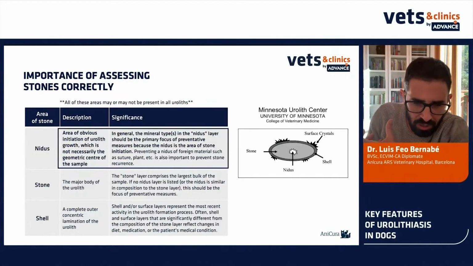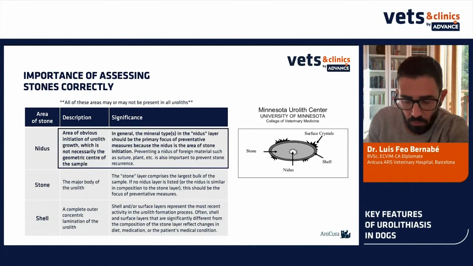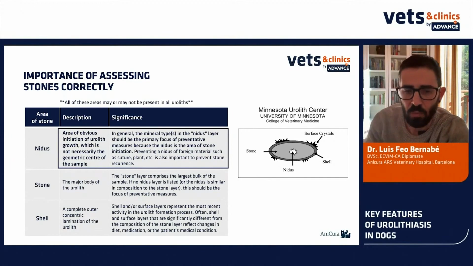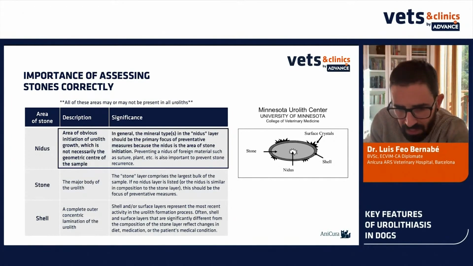But talking a little bit more about the compound, about the nucleus. The nucleus of a urolith is the area of obvious initiation of urolith growth, which is not necessarily the geometric center of the sample, as you can see in the picture.